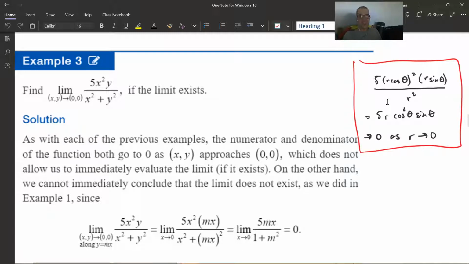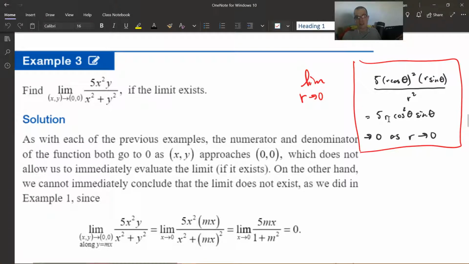And notice that when we take the limit as r goes to 0 of this multivariable function, everything else here will go to 0 because 5 is just a constant number. The cosine squared of theta and sine would both be bounded above by 1 and bounded below by -1. So this r is going to dominate everything else.